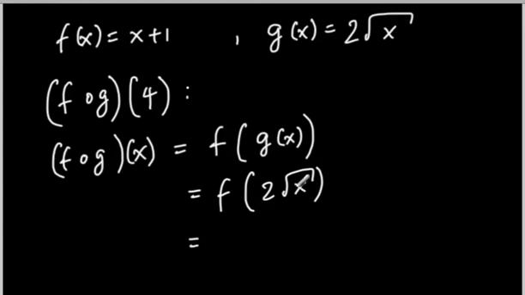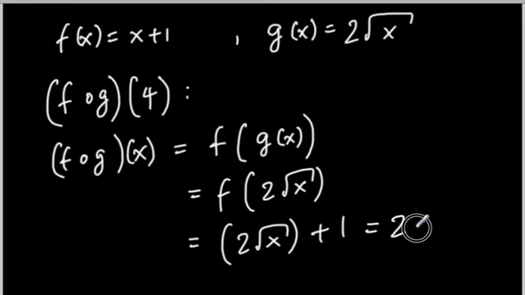And we're going to replace this x over here with 2 root x, because this is the argument, and we're replacing x with the argument. So what that becomes is 2 root of x plus 1, because remember, this is f of x, and we're simply replacing this x with the argument over here. So this becomes 2 root of x plus 1.